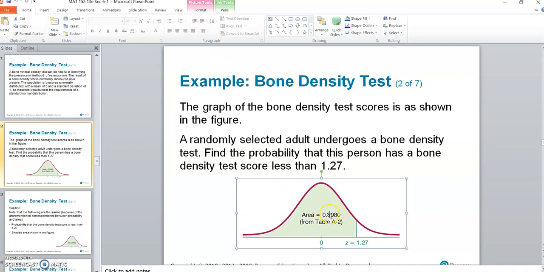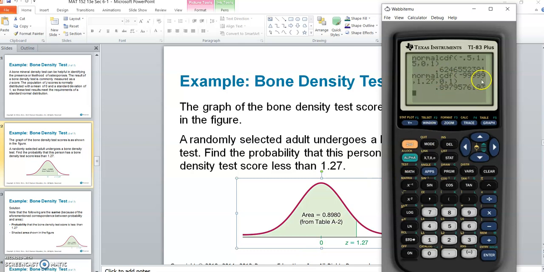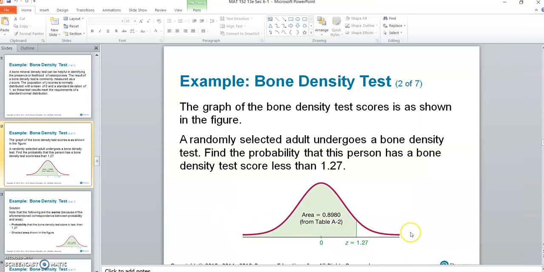They have the answer here, right? I'm just showing you how to get it in your calculator. So sometimes if you have a lower limit that goes off forever, or even if you have an upper limit that goes up forever, you'll have to do 99999 for the upper, or negative 99999 for the lower. So that's 6.1.